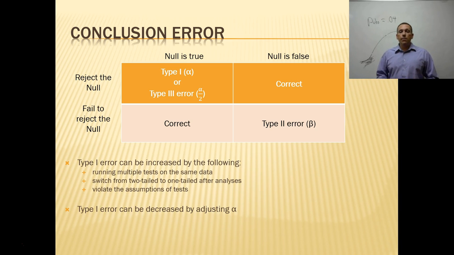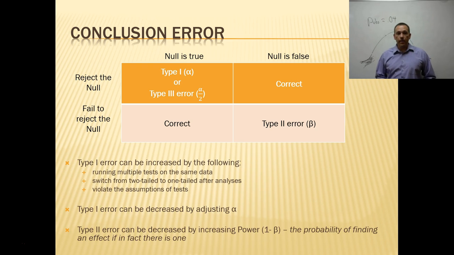And probably the simplest way that we do this is by just simply adjusting our alpha. We can make this smaller and smaller so that it becomes harder and harder to find that probability, which then makes it less likely we are committing a type 1 error. So if we decrease or adjust our alpha, we're going to also decrease our type 1 error.